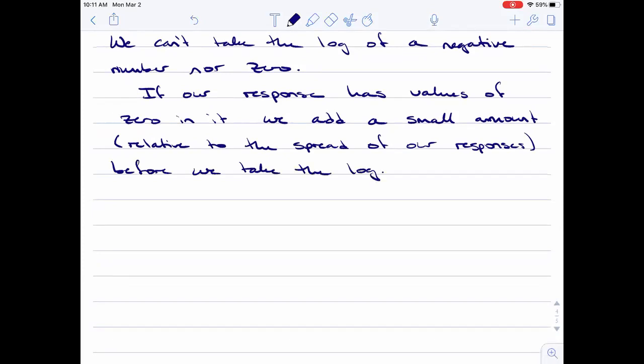It should still behave like a very small number. How much you add depends on the situation. But that's the trick that you're going to use, because sometimes if you're trying to take the log of 0, it's going to complain and say, hey, I can't do that. So then you bump up your responses, and you should bump up all your responses by that amount.